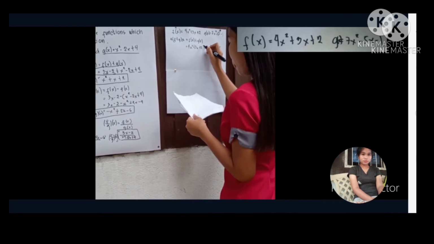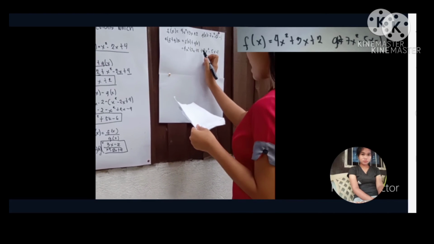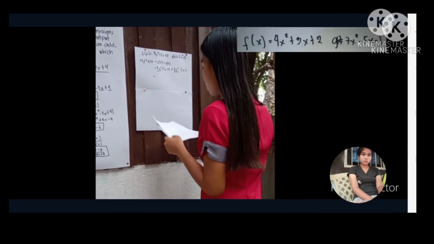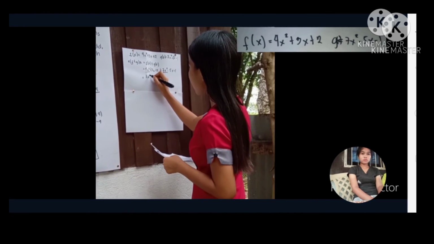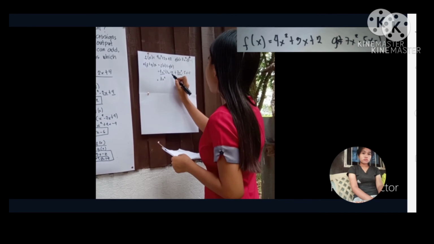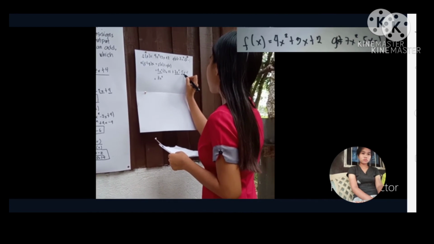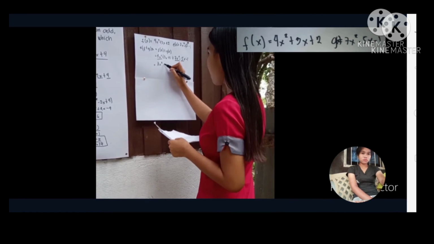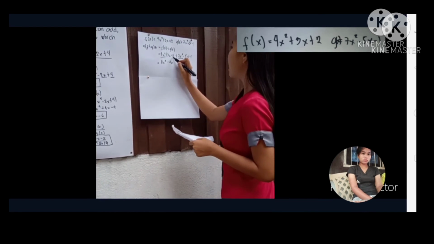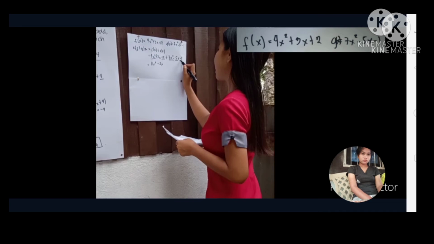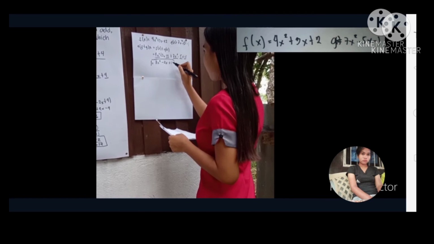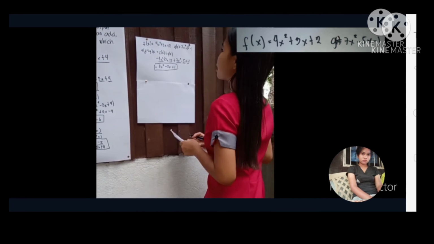Then, combine like terms. 4x squared and 7x squared is equal to 11x squared. Then, 3x and negative 5x is negative 2x. Then, positive 2 and negative 1 is equal to positive 1. So that is f plus g of x.